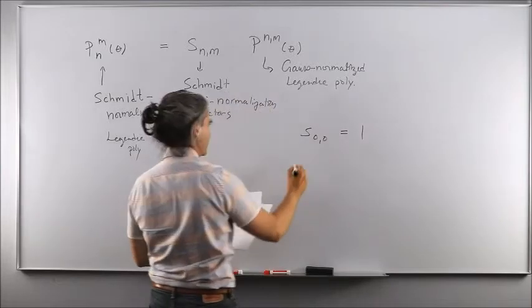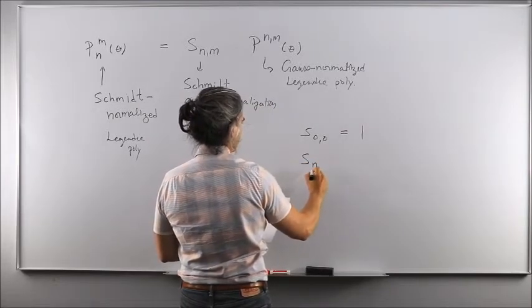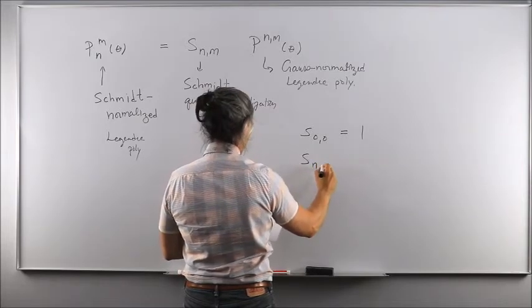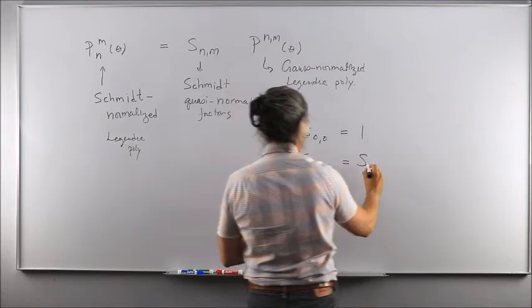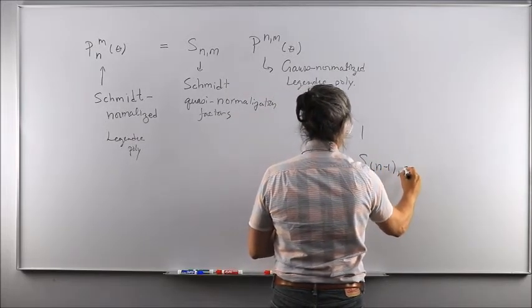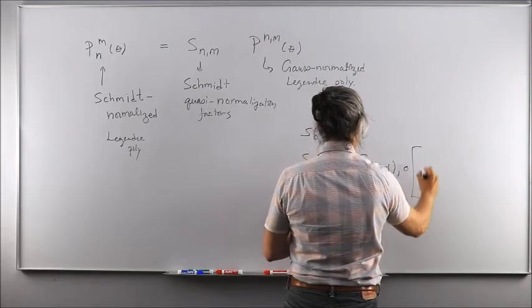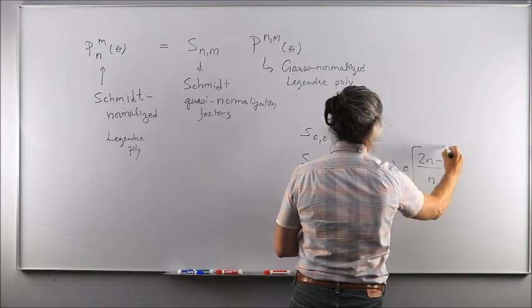Yes, we like it. That's good news. Whenever we're going to talk about any degree and order 0, we're going to get a recursive formula again: degree n minus 1 of order 0 times (2n minus 1) over n. Okay?